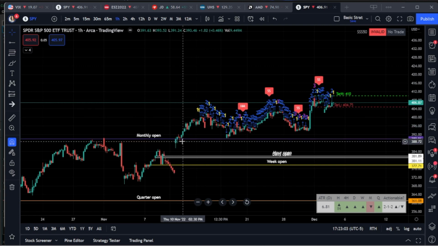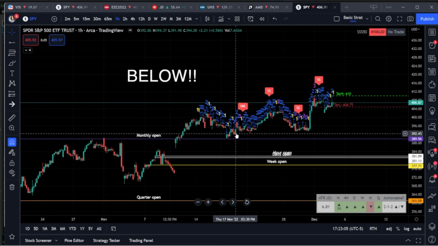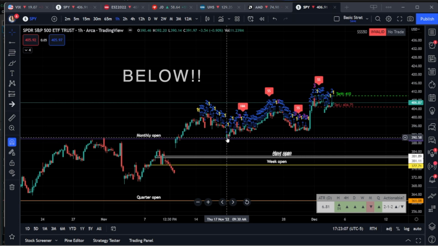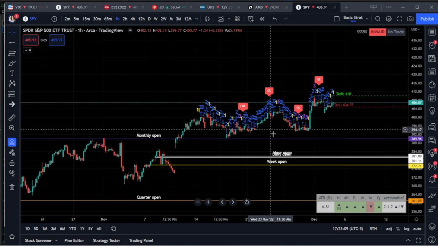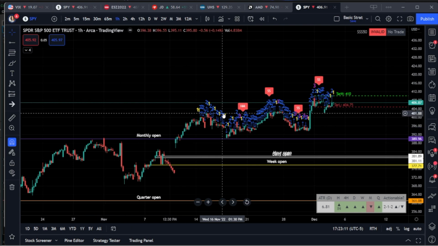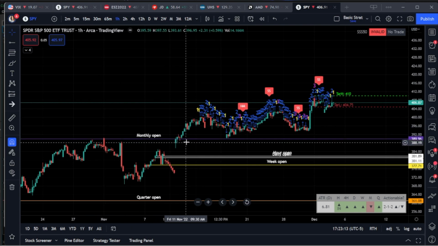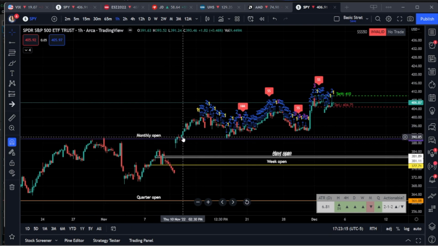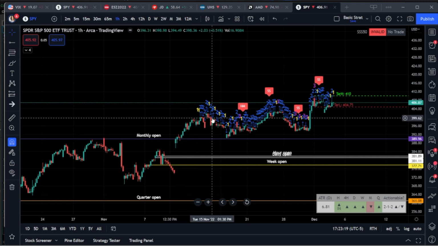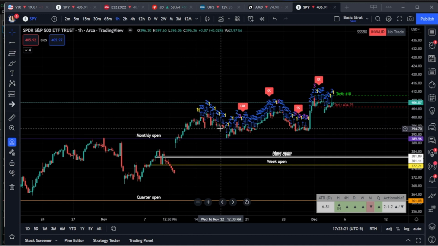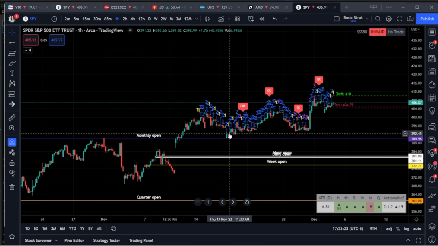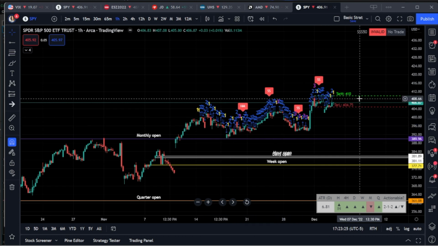It never broke above this monthly open. It did come down, but it found support just above it and continued. So knowing that breaking above here, if you got in early, or even if you waited for this correction and then got back in here, you could have rode that.